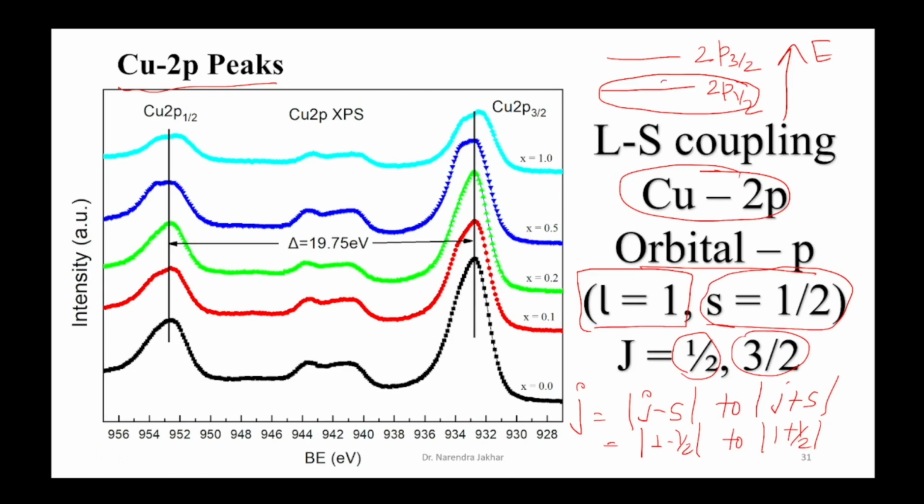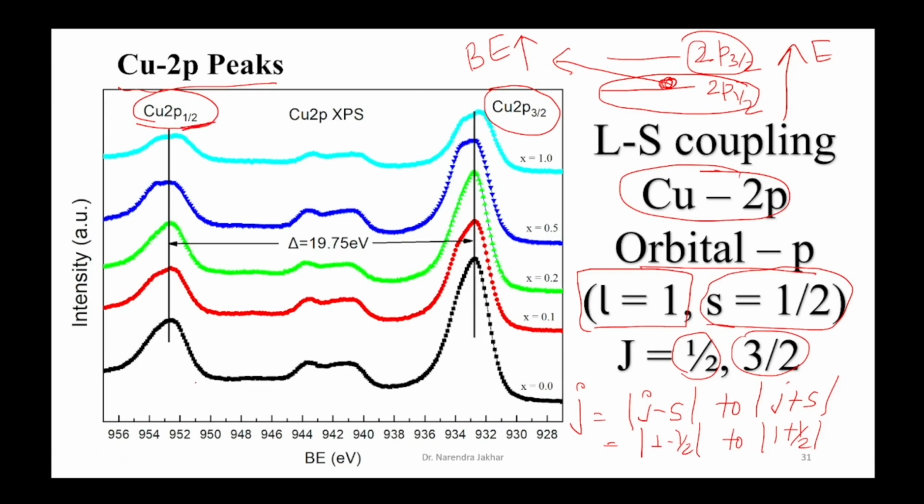The electrons residing here have higher binding energies, so you will get their peaks at the higher binding energy side compared with the 2p 3/2 electrons. Similarly, the lower binding energy peaks can be ascribed to copper 2p 3/2, whereas the higher binding energy peaks can be ascribed to Cu 2p 1/2.